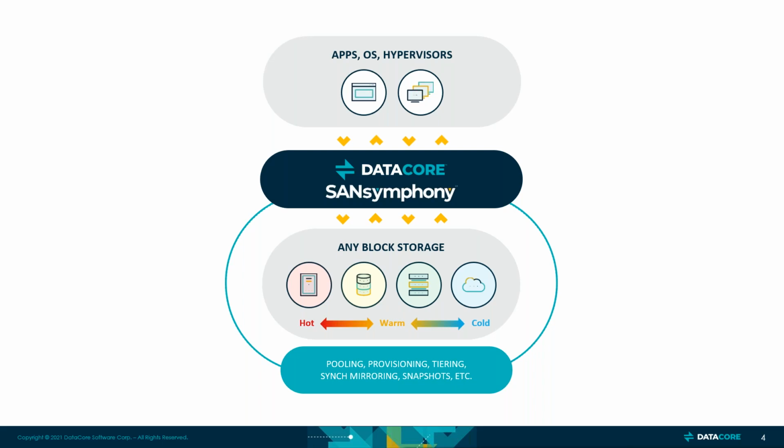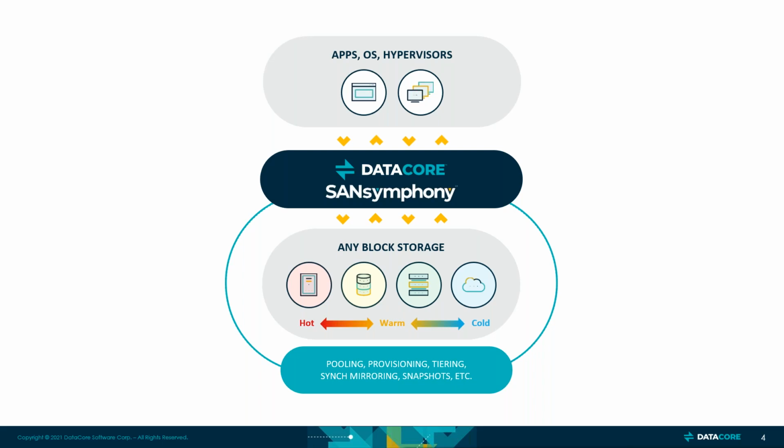This layer allows us to pool and aggregate different types of SANs and physical storage behind us, whether it's direct attached or internal to the system, and also create tiers. Part of the illustration here is the ability to distinguish between workloads that require very high performance versus those that could do with relatively inexpensive, high-density capacity, and anything in between. And we'll walk through that a bit.